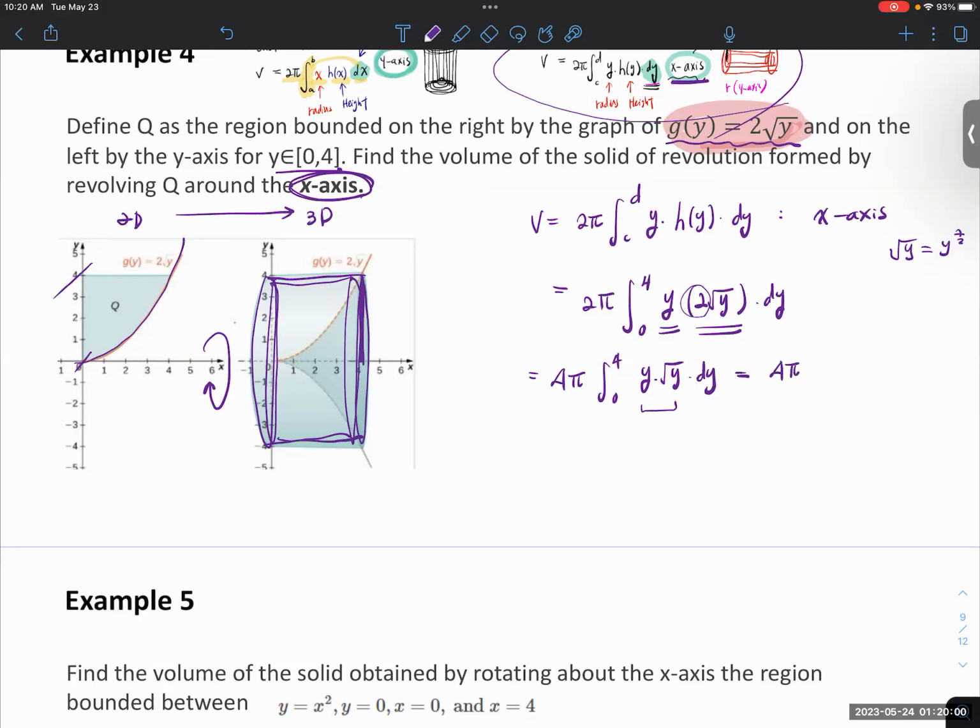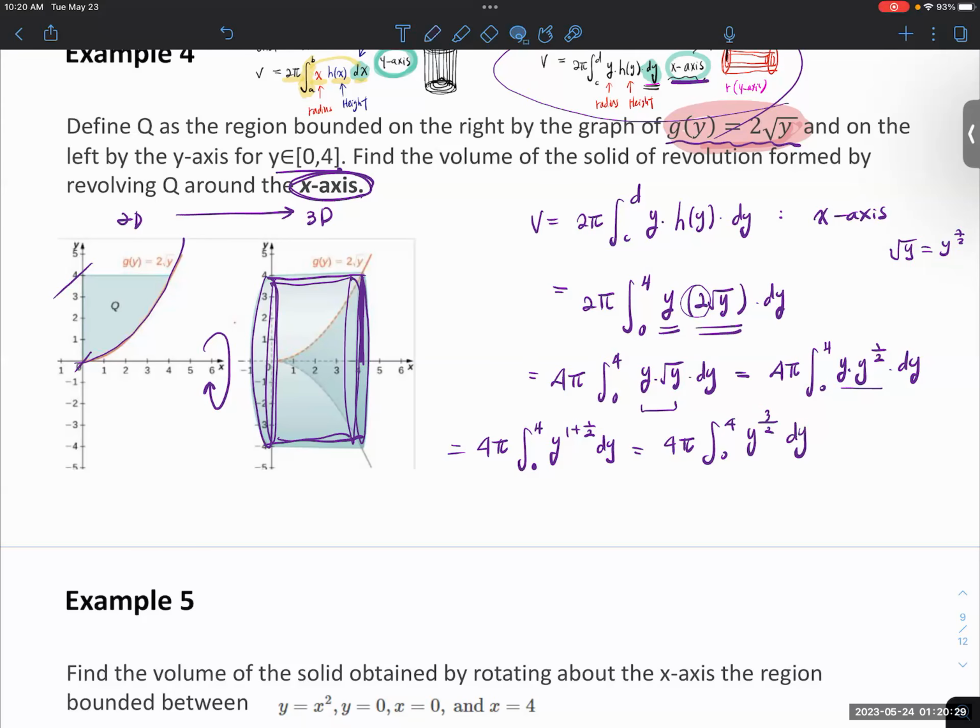So 4 pi, 0 to 4, y times y to the 1 over 2, dy. According to the exponent property, you can add the exponents if you have the same base. So that means 4 pi from 0 to 4, y to the 1 plus 1 over 2, dy. So it is going to be 0 to 4, y to the 3 over 2, dy.